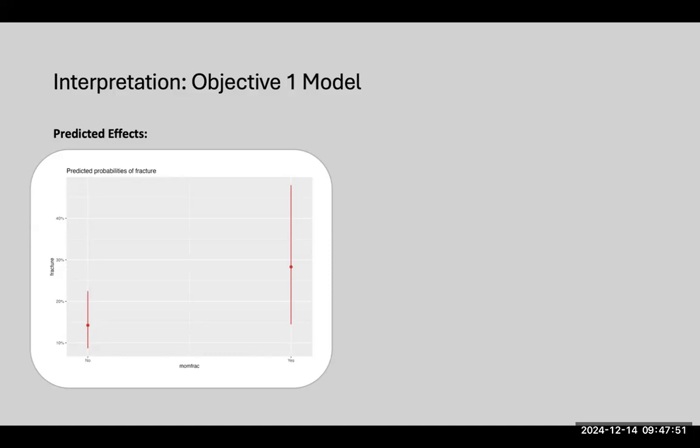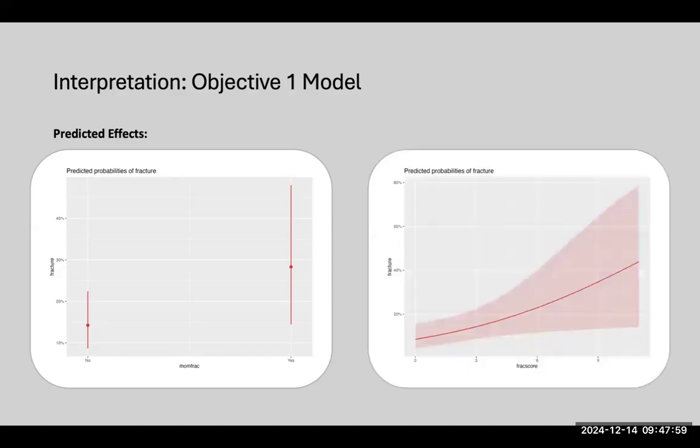And women whose moms did not have a history of fracture on the left have a lower predicted probability of fracture. And the graph on the right shows the same, but for FRAC score. So with increasing FRAC score, there is an increasing predicted probability of fracture.